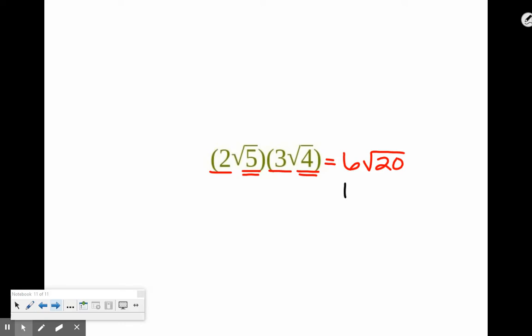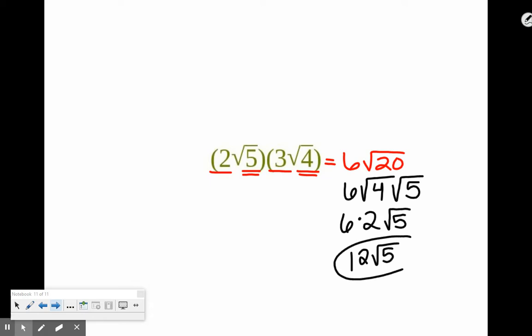Okay, so we have 6 square root of 4 times square root of 5, because 4 times 5 is 20. So we get 6 times 2 times the square root of 5. So we get 12 times the square root of 5. Okay, so all I'm doing is just some simplifying here.